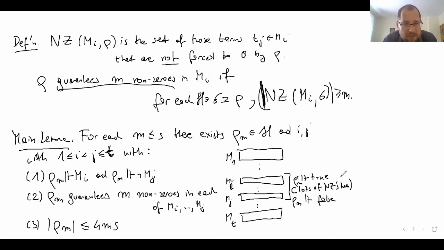But I would like to ask you, why is the base step true? So why is this true for M equals 0? Hint, do you remember what M1 is and what MT is?